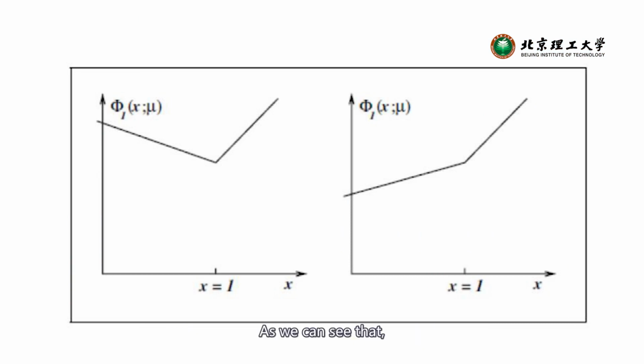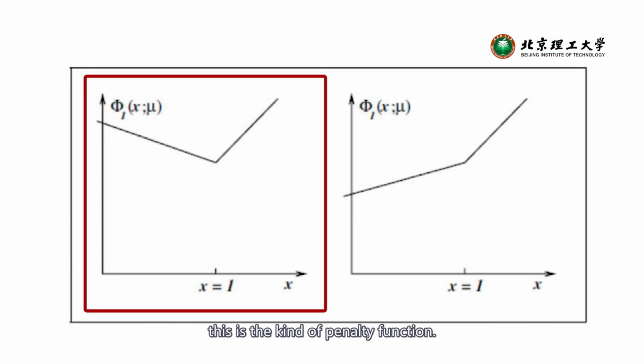The left-hand side is the penalized part because in this case, x violates the constraint. And when x is greater than 1, this is the original function.